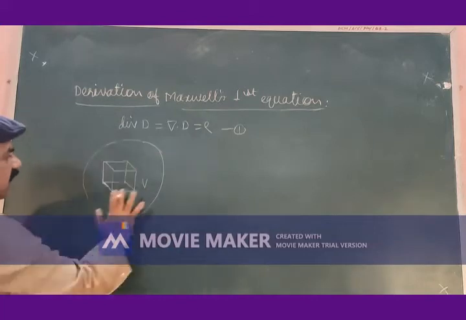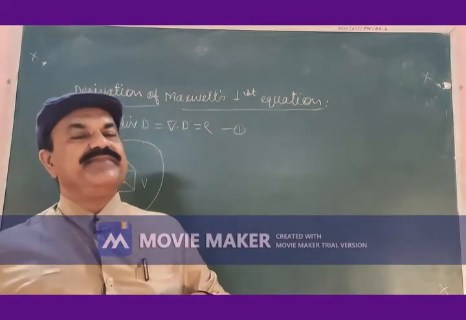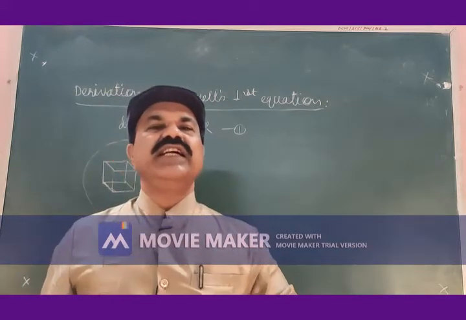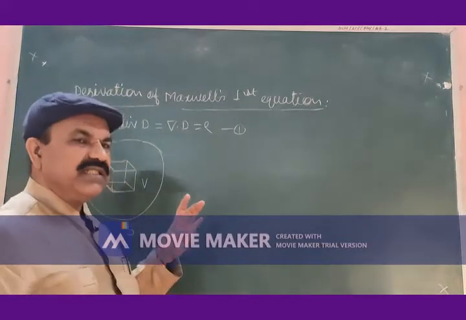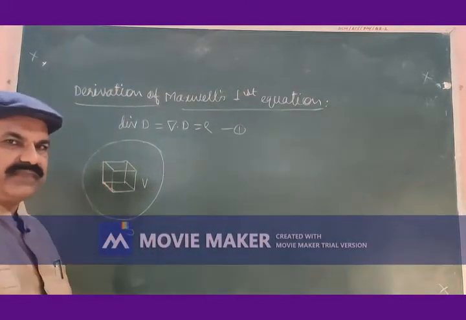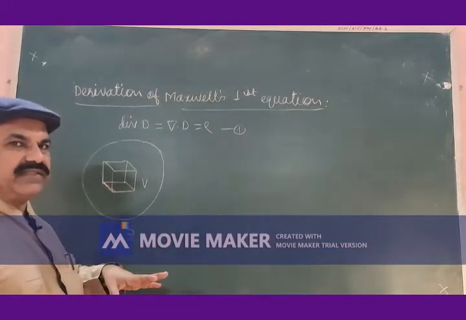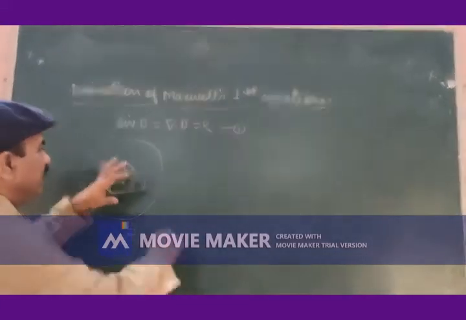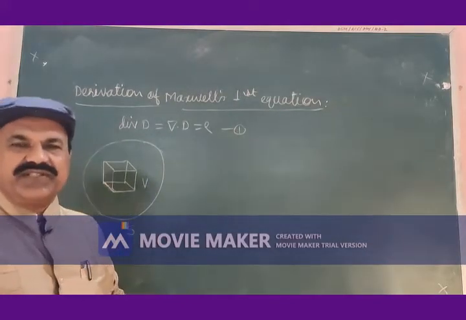Here we have a dielectric material, the non-conducting material. Let us consider a dielectric material, and further let us assume that a certain volume V is enclosed by a surface S.